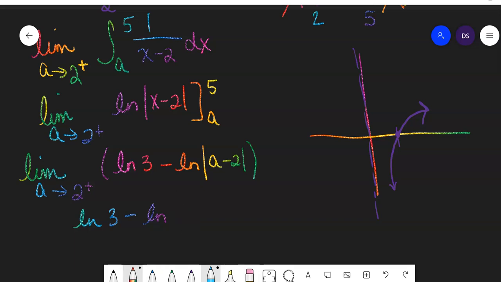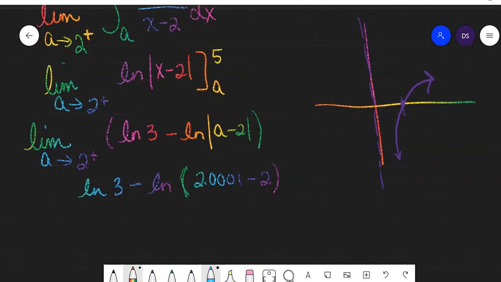So now is when we would say back in calc last year, let's approach this 2 from the right-hand side. So we're still approaching 2, but very, very close to 2 on the right-hand side. So maybe that is like 2.001. Very close to 2, but from the right-hand side of 2. And remember, when we find a limit and we're coming from a certain side, we want to get closer and closer to that number.